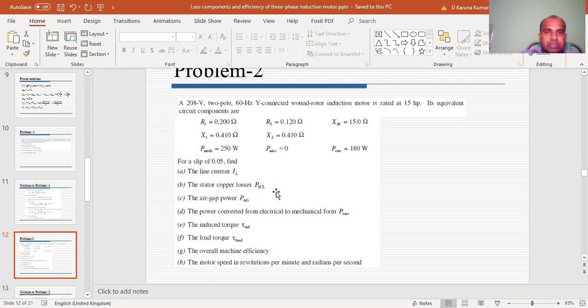We have to find the stator copper losses PSCL, the air gap power, the power converted from electrical to mechanical power PM, the induced torque, the load torque, the overall efficiency and the motor speed.